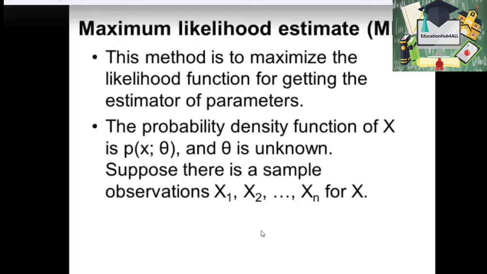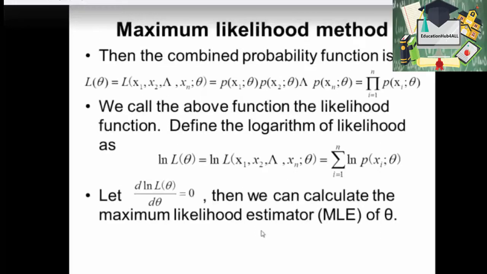MLE basically means that because every sample has the same distribution as the population, if we consider all the samples together, we have the so-called joint distribution. But here we don't call it a probability, we call it a likelihood. Because probability means we know theta, and we want to find the probability of the variable taking different values.